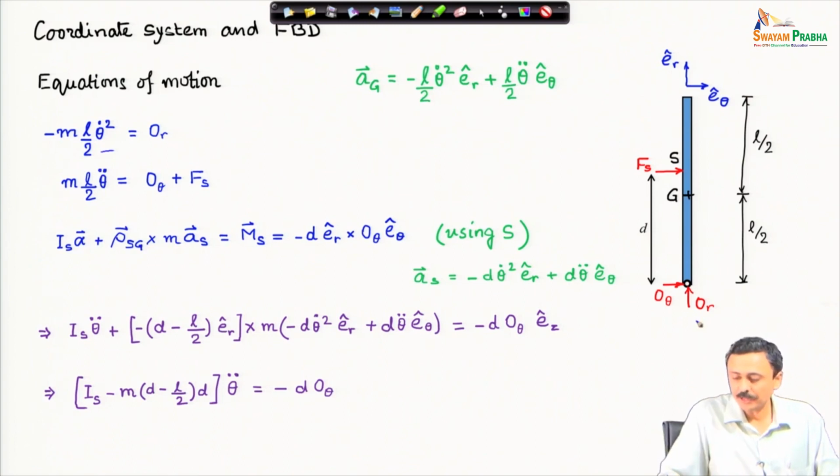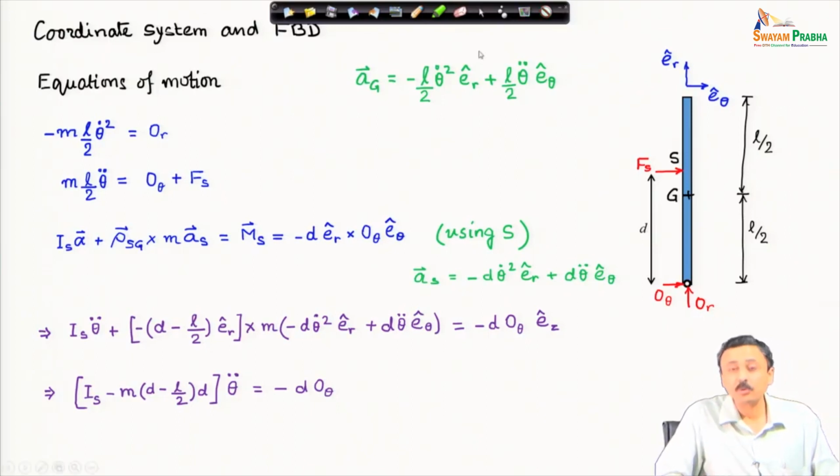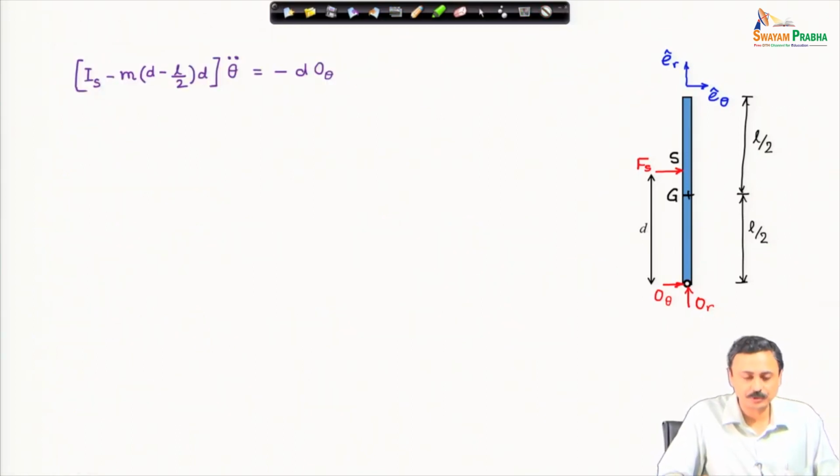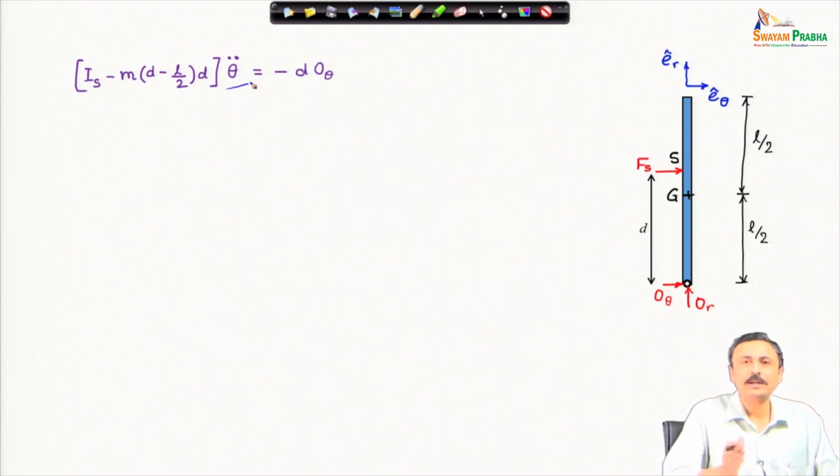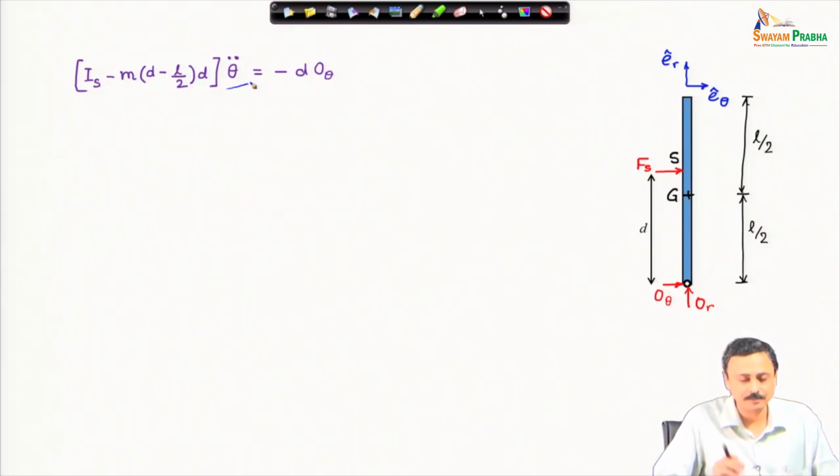Therefore, I can do nothing about O r, but can I do something about O theta to minimize the reaction force? Well, this angular acceleration will not be 0; the door is going and hitting, there is a reversal of direction, there is an impulsive force, so there will be angular acceleration.